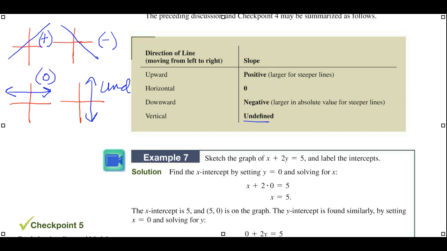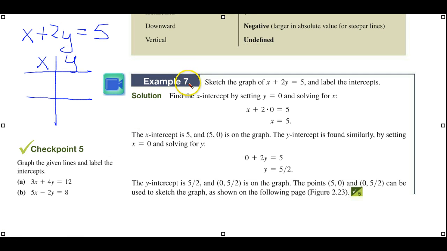So a little summary. Now, for example 7, they want us to sketch a line using standard form and find the intercepts. Well, I always suggest for finding the intercepts using this special x and y intercept t-chart, where whatever value is here, this will be your y-intercept, and whatever value is here, that'll be your x-intercept.